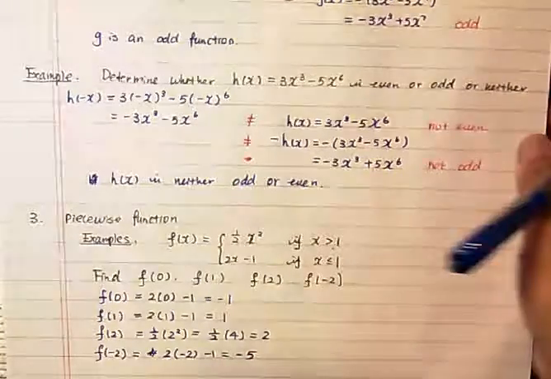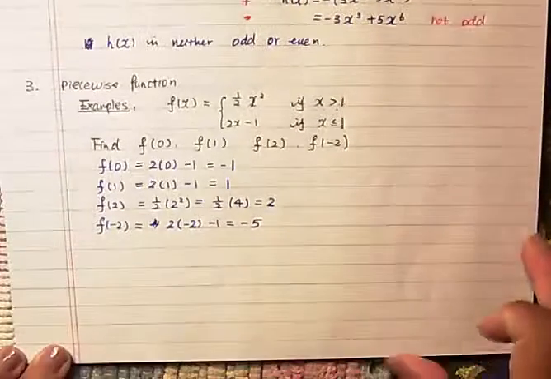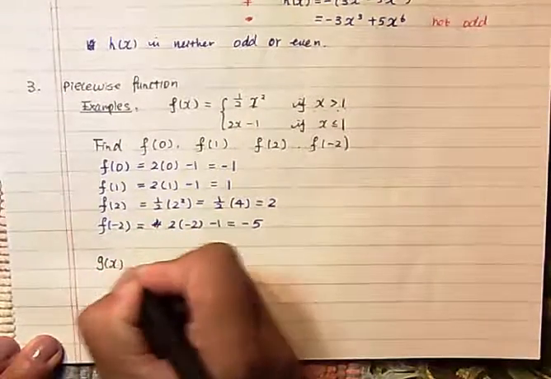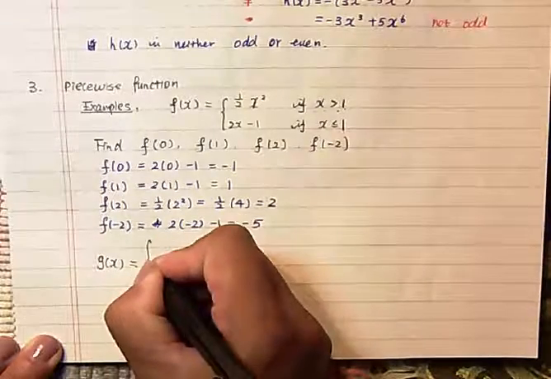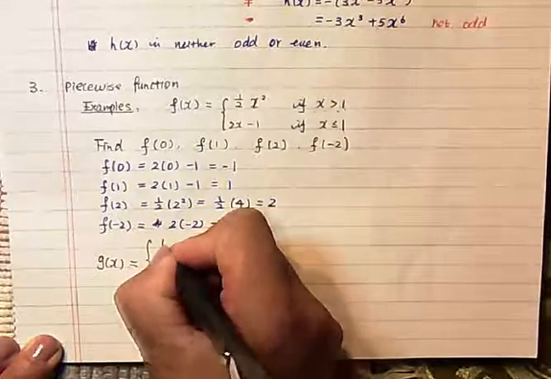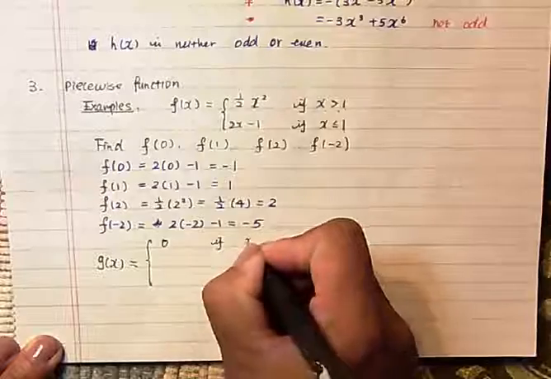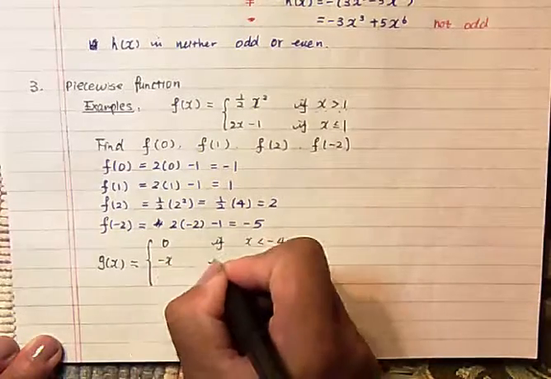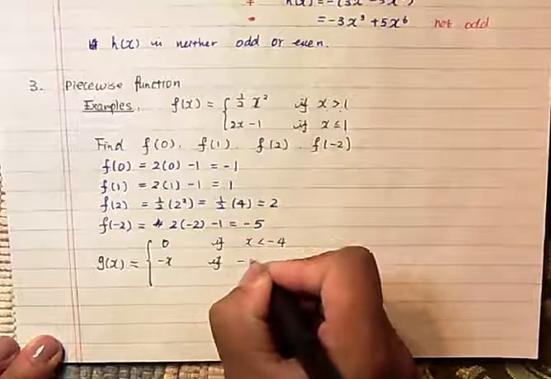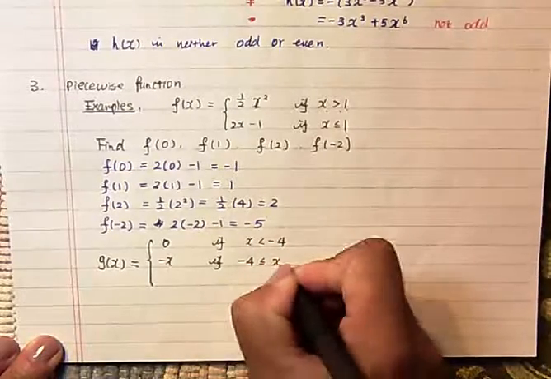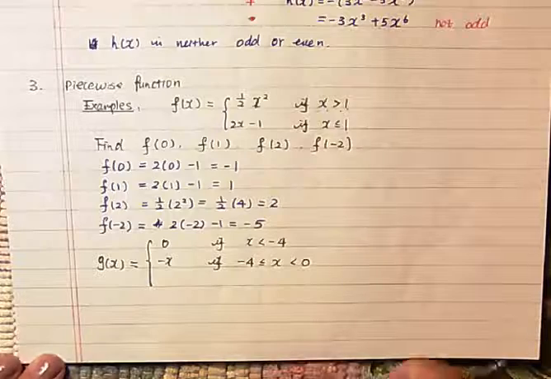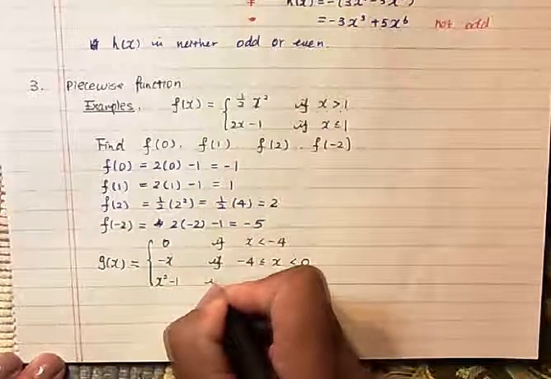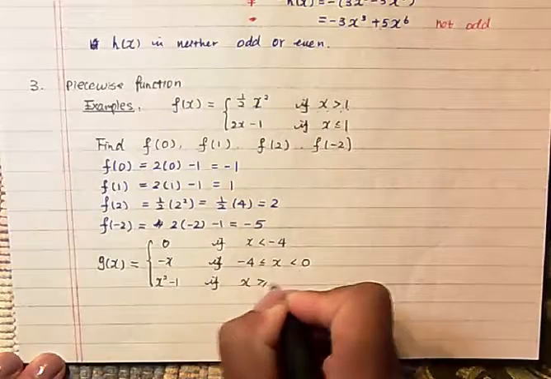Let's take a look at another one. I'm going to define a function g of x equal to 0 if x is less than negative 4, negative x if x is between negative 4 and 0 but not including 0, and x squared minus 1 if x is greater than or equal to 0.